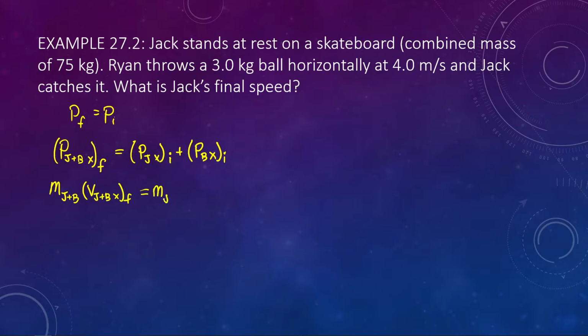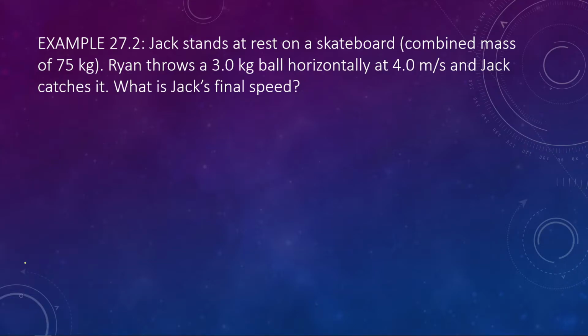Mass of Jack times the velocity of Jack, x direction initial, plus mass of the ball times velocity of the ball in the x direction initially. So same process, start with p final equals p initial, write it out for however many objects you have, and then expand it to mass times velocity. Same process that we just saw.